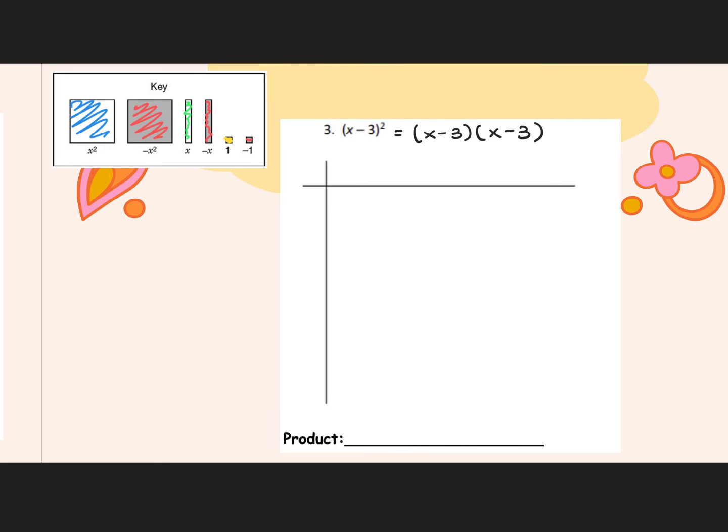So here, since we have positive x's, I have x, and then we have minus 3. Then again, we have x, and we have minus 3.